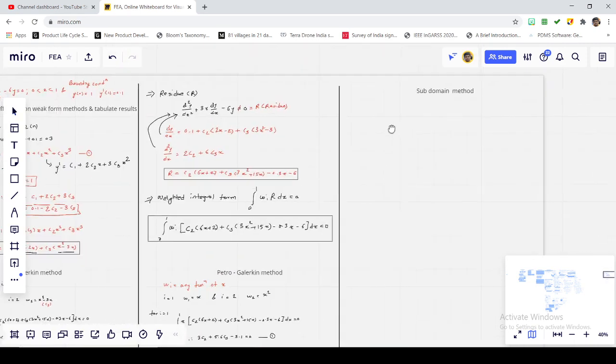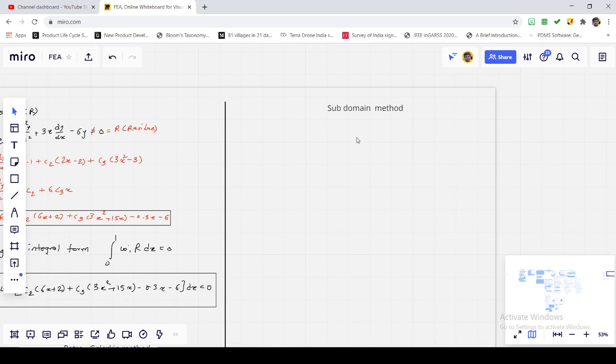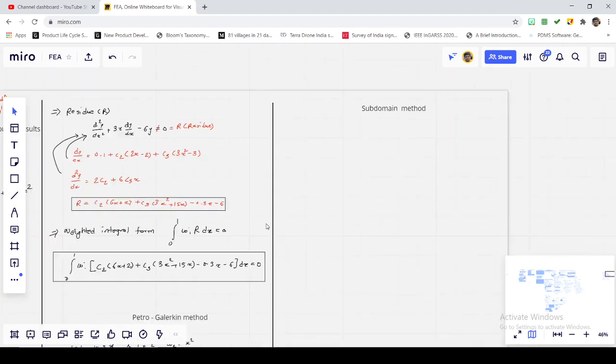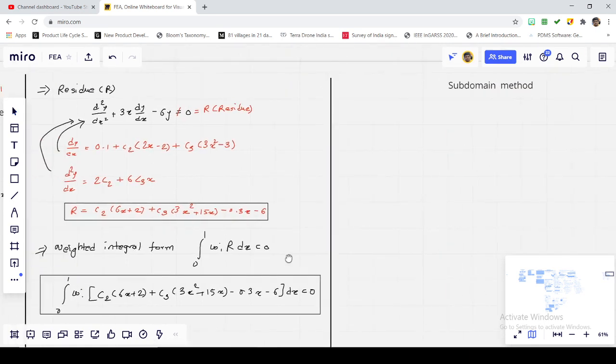And now we are going to continue with our third method, which is called the subdomain method. As we know, we already have the weighted integral form for our equation, that is wi into r dx is equal to 0.